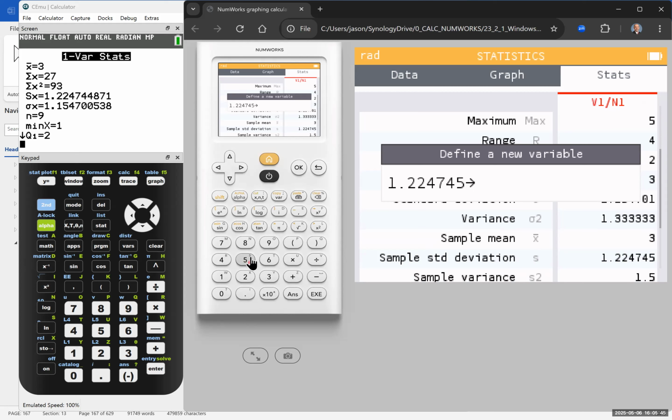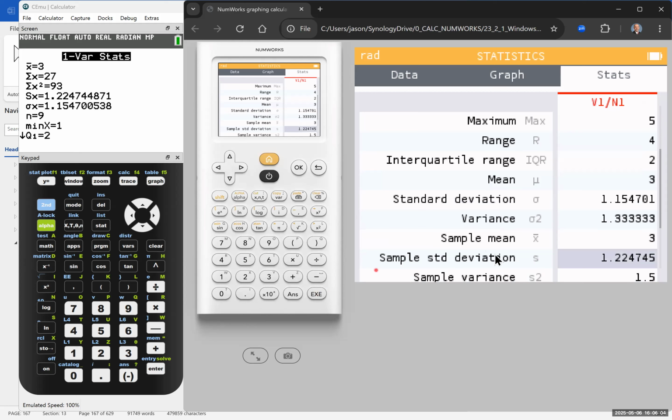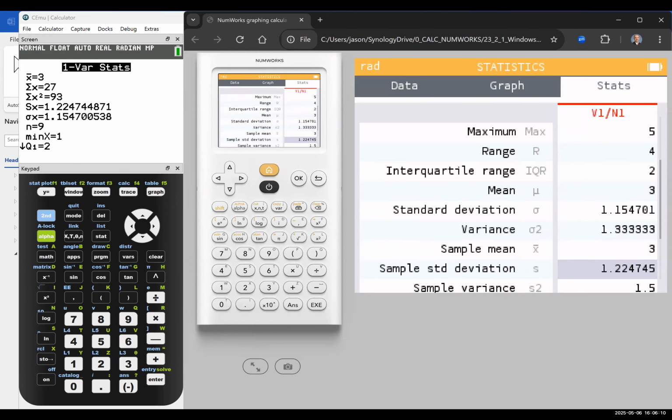S is here on the 5 key. To get just a lowercase s, all I need to do is hit the alpha key. I don't need shift and alpha, just alpha and then 5. Notice that this is a lowercase s now, and I'll hit execute. So now we've calculated X bar and s.